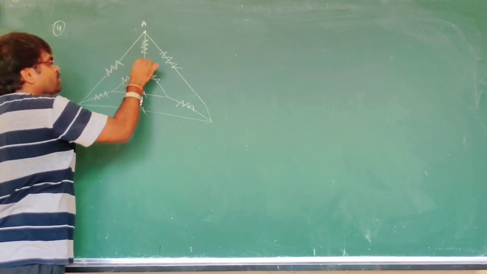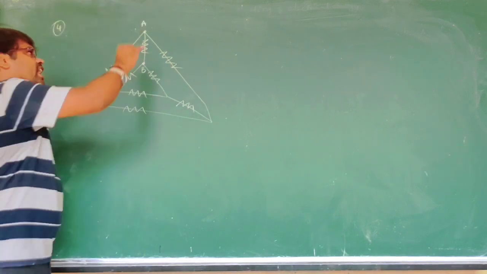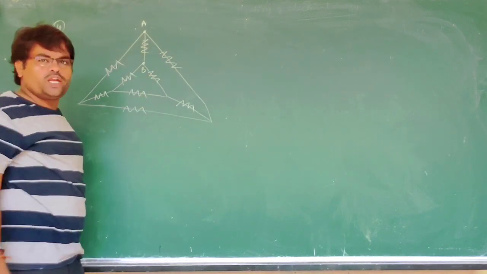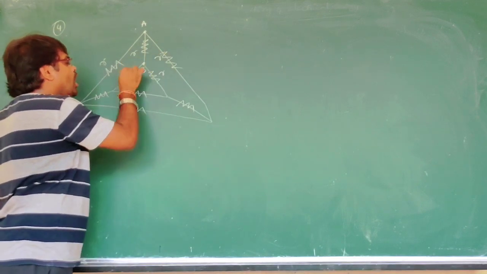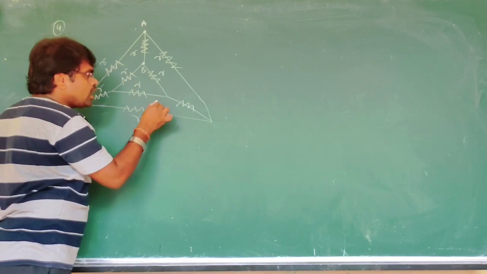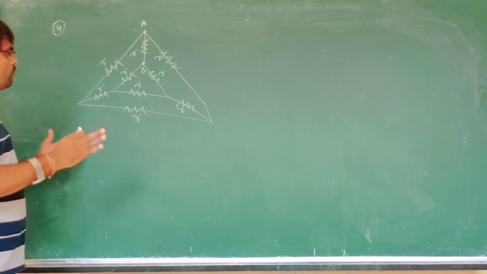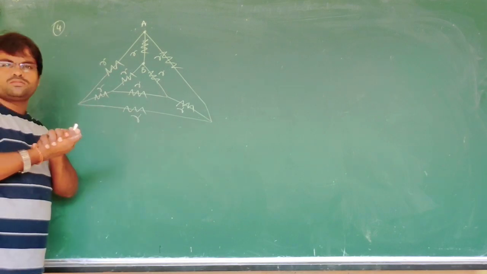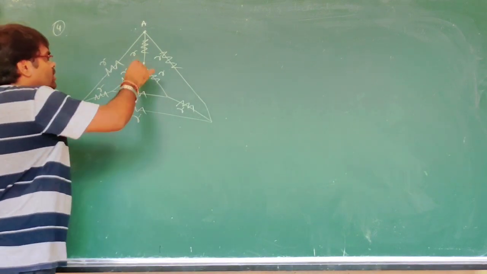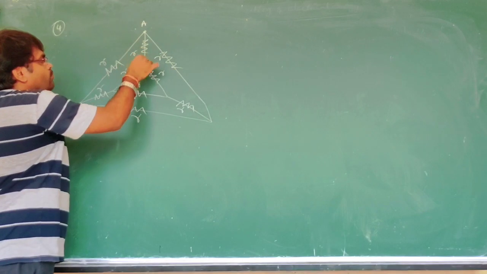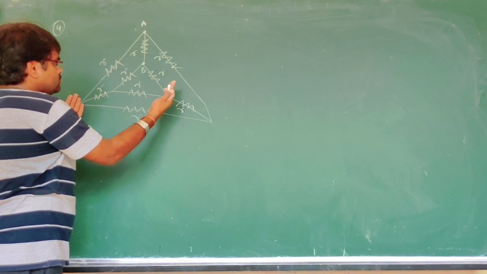A, B. The resistance between A and B, they are asking, all resistors R. Which symmetry? Folding or mirror? Now confusion. Mirror or folding?